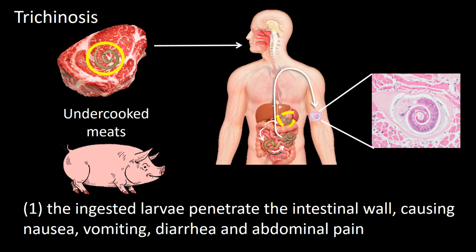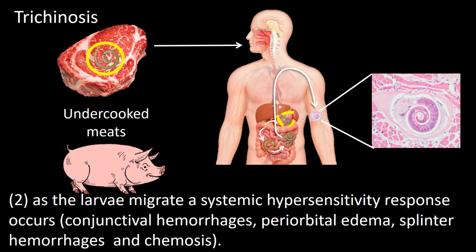They mate, and then the female sheds live newborn larvae. It is usually these newborn larvae that penetrate the intestinal wall, causing nausea, vomiting, diarrhea, and abdominal pain. Then the newborn larva goes through the intestinal wall and reaches the circulation.